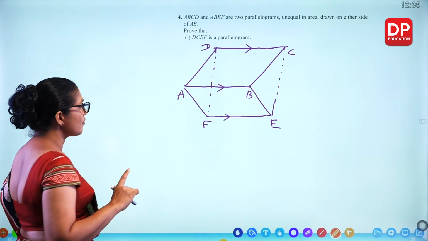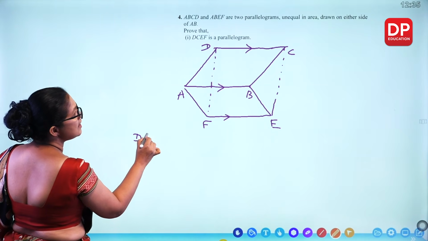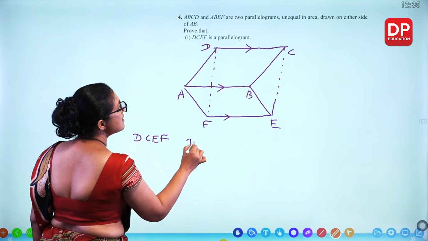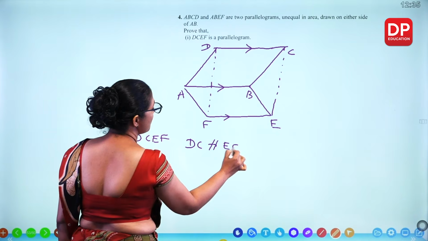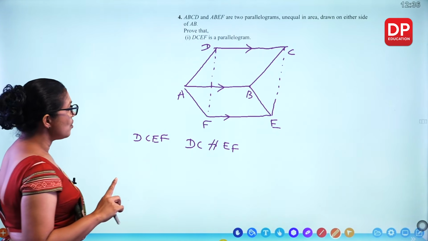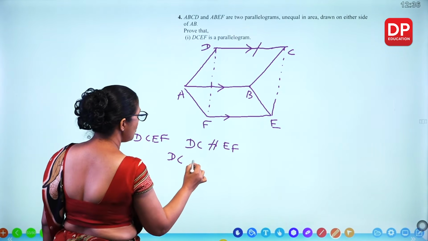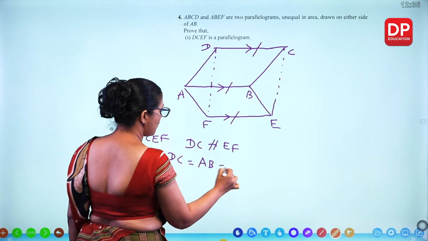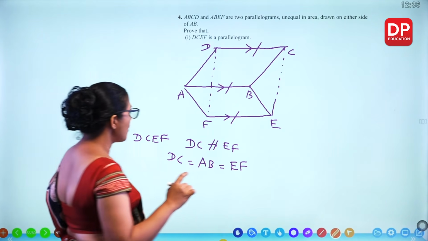When you take quadrilateral DCEF, DC is parallel to EF. These two lines are parallel. And also this length, DC length, is equal to AB, and AB is equal to EF because opposite sides of a parallelogram are equal.